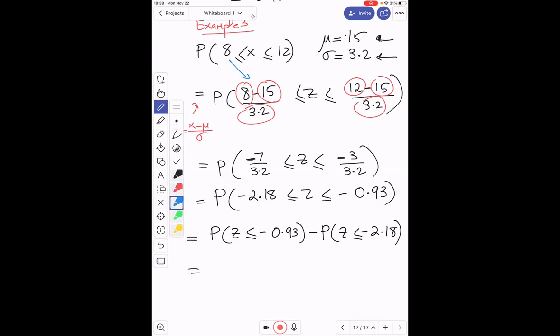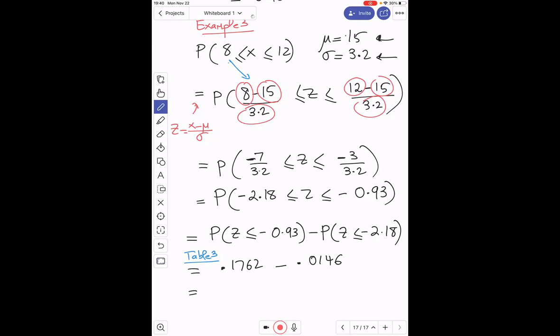So then here I can use my table number 3. The probability that z is less than negative 0.93: nearest tenth is negative 0.9, nearest hundredth is 0.03. So that's 0.1762, minus the value for negative 2.18, which from the table is 0.0146.